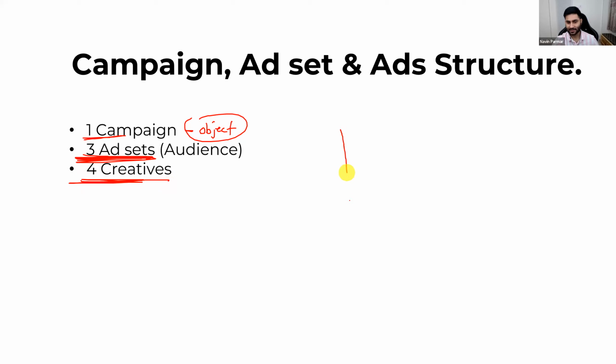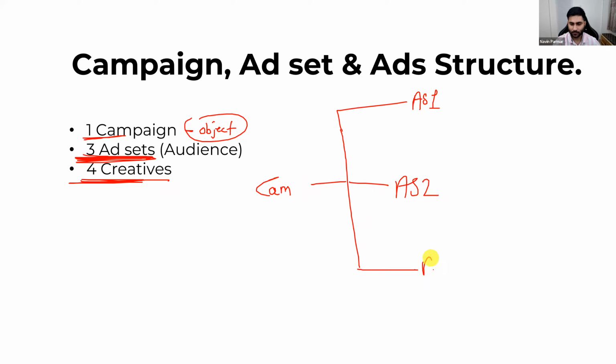So it will be like this. Let me create the structure, the entire tree for you. This is my campaign. Ad set 1, ad set 2, ad set 3. In ad set 1, there will be 4 creatives.